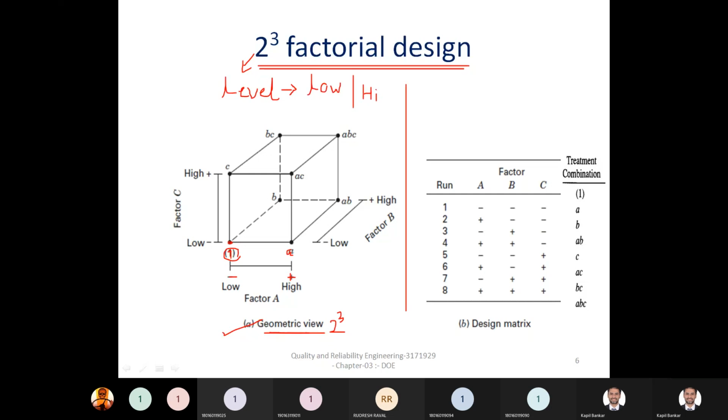That low or high level can be represented in this geometric view with the help of this cubical image.